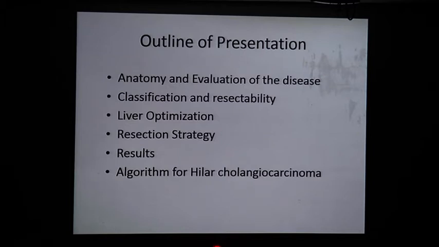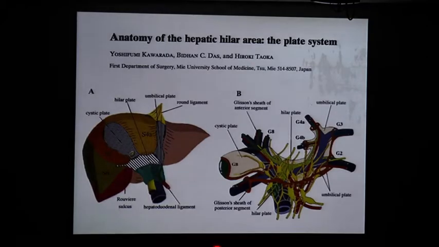How do you classify and assess resectability? Once you do that, the term now is liver optimization. How do you optimize the liver to bear the brunt of major resection? And then what resection strategy, what are the results, and what eventually is the outline for this approach.